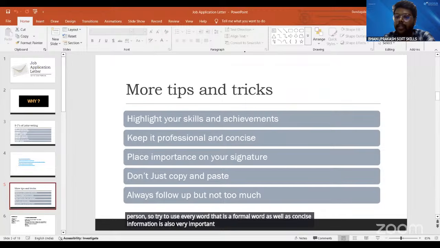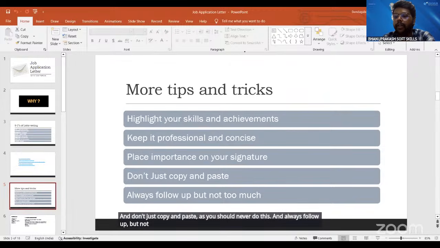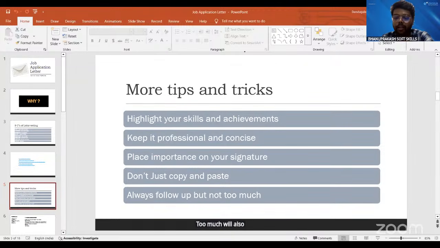Place importance on your signature, and don't just copy and paste, as you should never do this. And always follow up, but not too much. If you're not getting a response from them, just follow up once or twice. If you're still not getting a response, then just leave it. But following up too much will also make the situation not good.